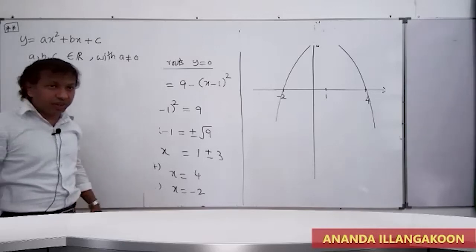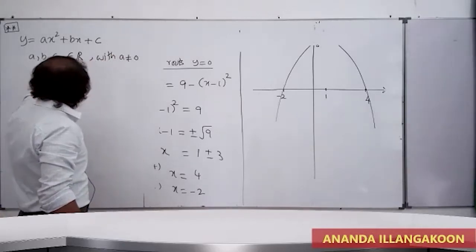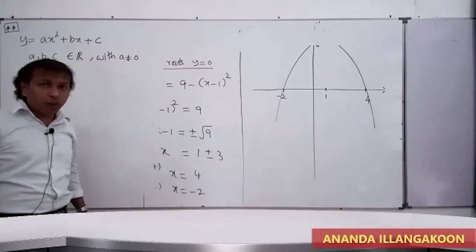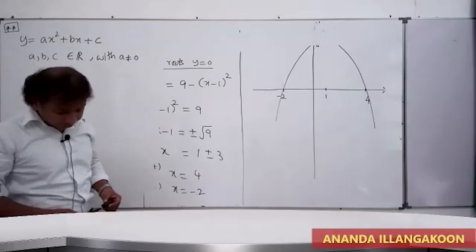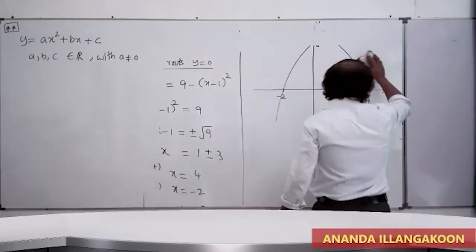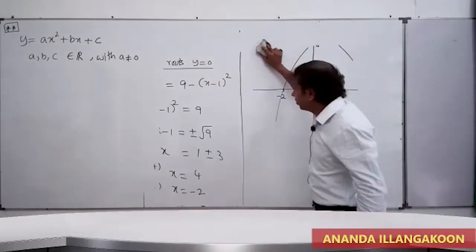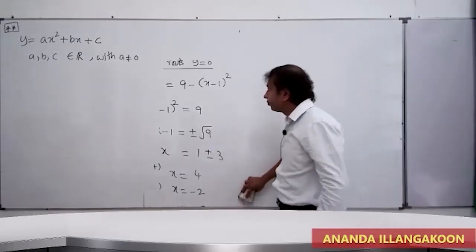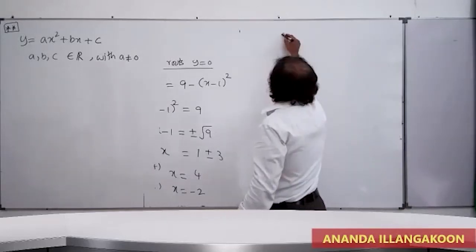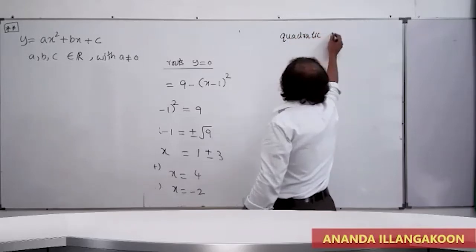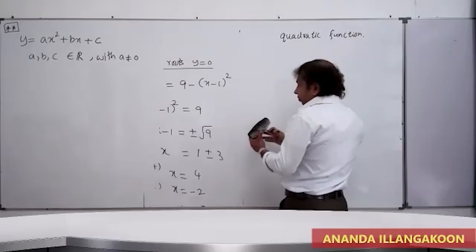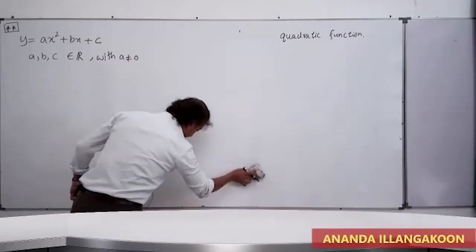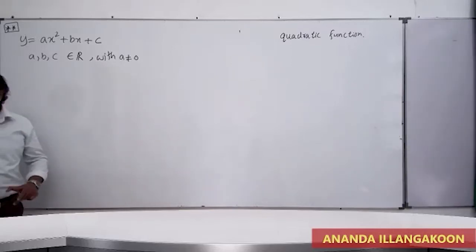The function defined by y equals ax squared plus bx plus c, where a, b, c belong to R with a not equal to 0, is called the quadratic function.